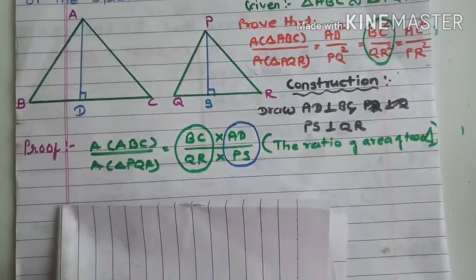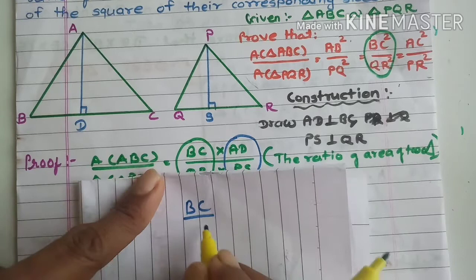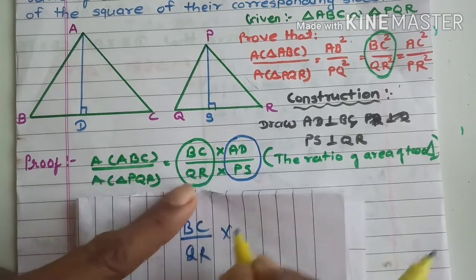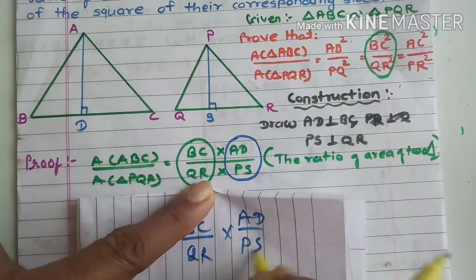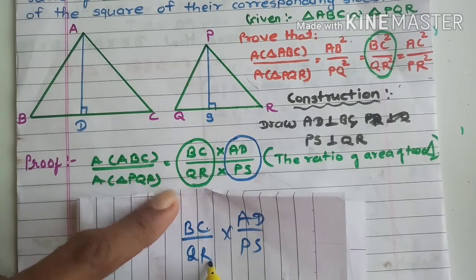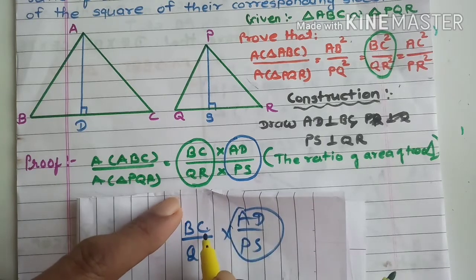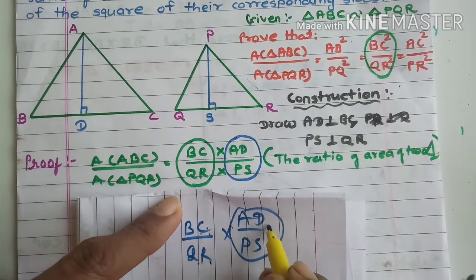See what we have, BC upon QR and AD upon PS. We need another BC and another QR, and we have this.